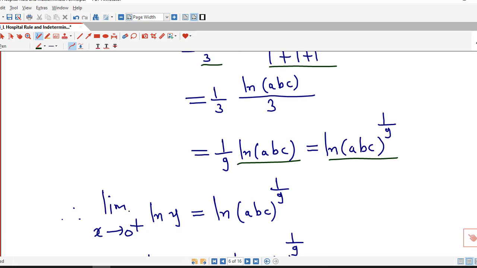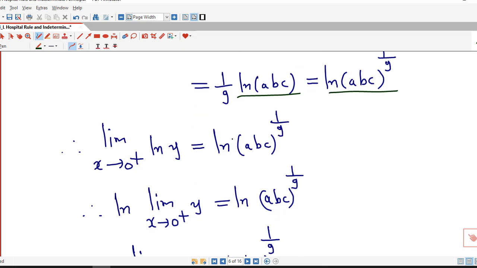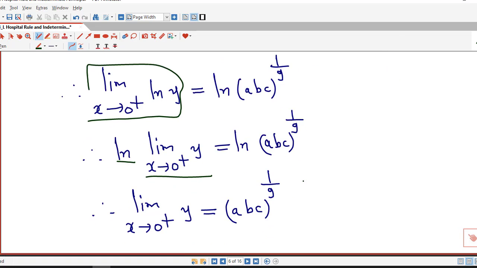Therefore, we obtain the limit of log y equal to log of (abc) to the power 1/9. And because again log is a continuous function, we can interchange the logarithmic function with this limit, and this is log of (abc) raised to 1/9.